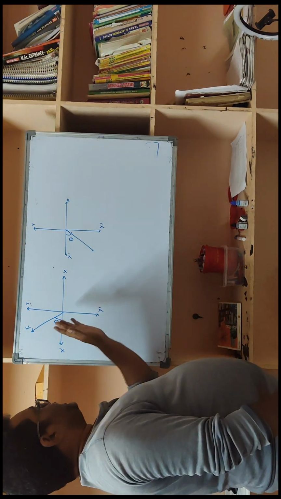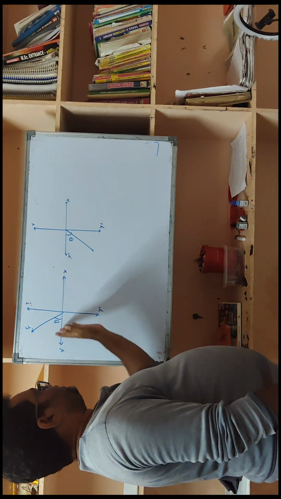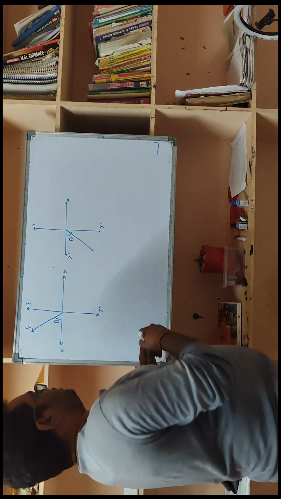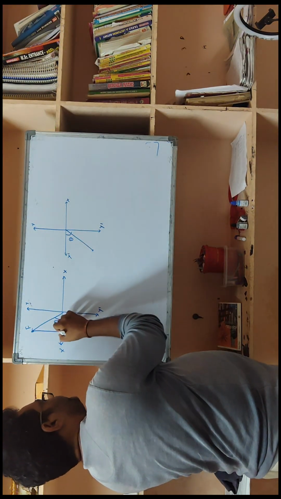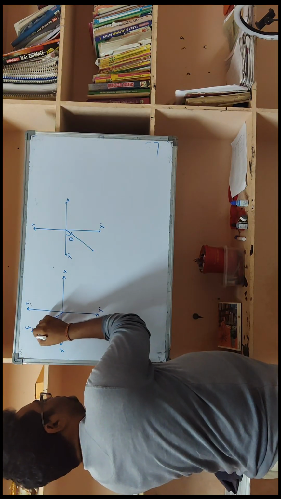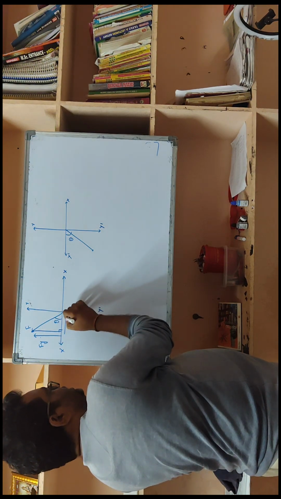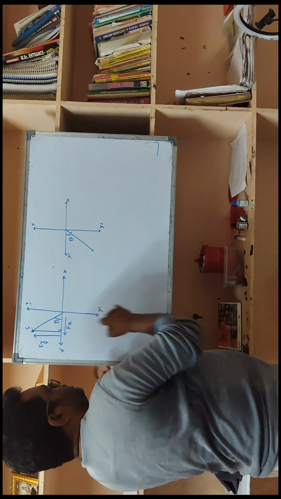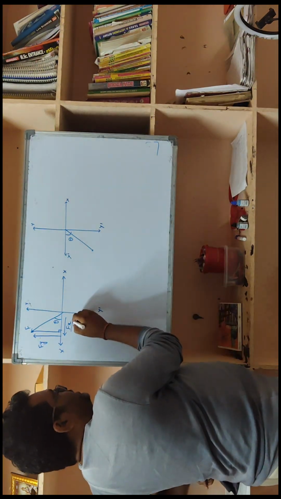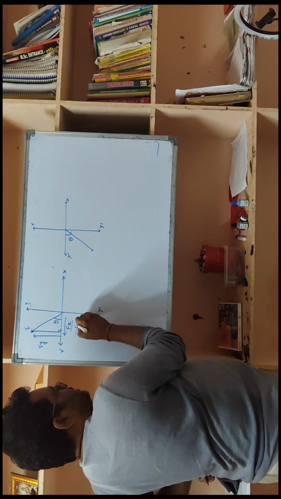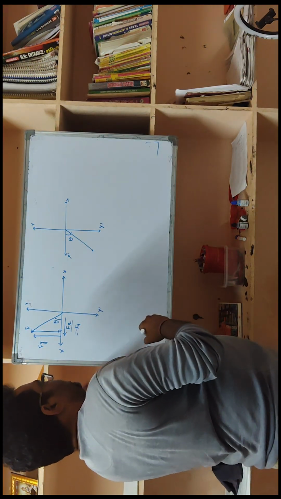Now F is making an angle theta with the coordinate system on the left hand side. Now one perpendicular line is drawn here. The vertical force is upwards, that is Fy, and the horizontal force is towards the left hand side. Here Fx becomes minus Fx. Why? Because the force is towards the left.